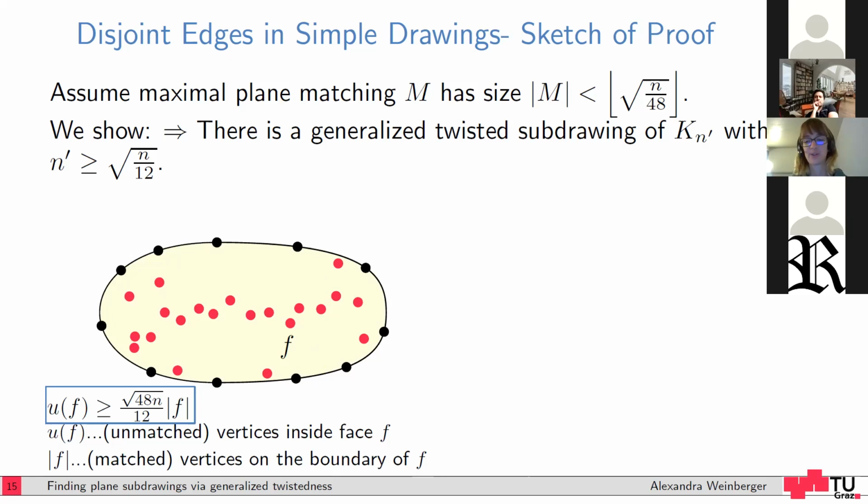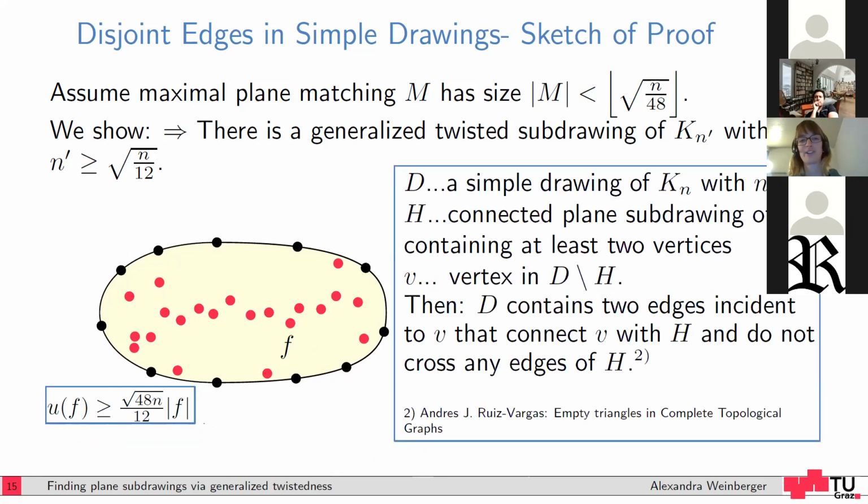And then we will use another of my favorite theorems, which is that any simple drawing of the complete graph with at least 3 vertices that contains a connected plane subdrawing and a vertex which is not part of that connected plane subdrawing also contains 2 edges that are incident to that vertex not part of the plane subdrawing, such that these 2 edges could be added to the subdrawing, and then we get a bigger subdrawing which is still plane.